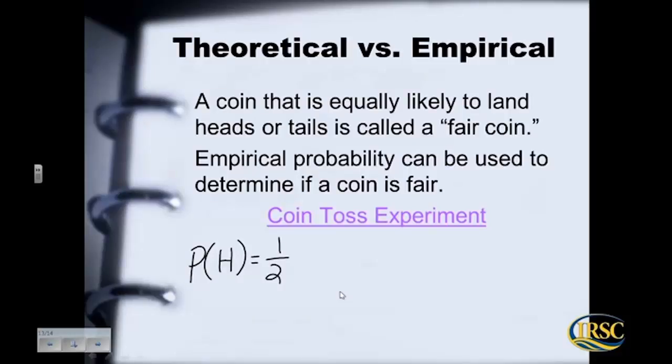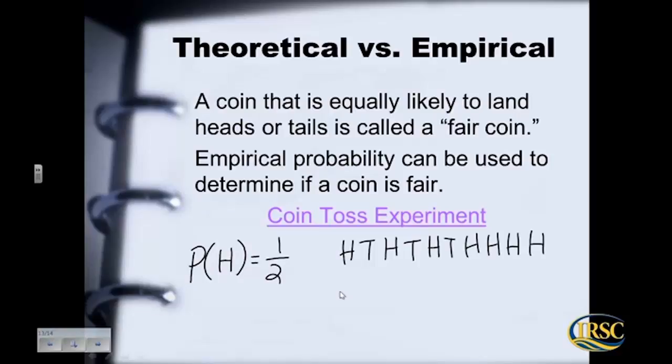Heads, tails, heads, heads, heads, heads. So we had heads, tails, heads, tails, heads, tails, heads, heads, heads, heads, something like that.